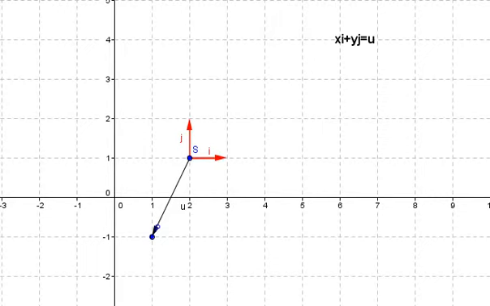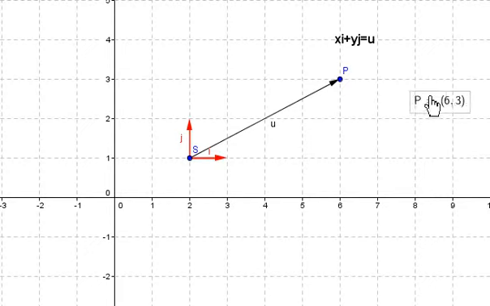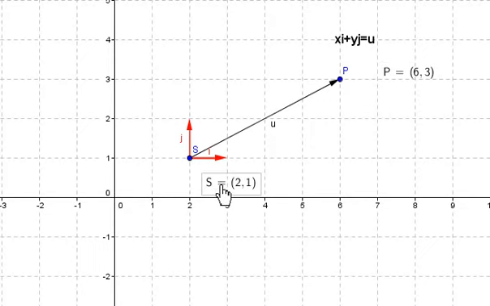Now let's notice something important: how we can find the components of a vector faster using the coordinates of points P and S. So here are the coordinates of P and here are the coordinates of S. And now the coordinates of the vector are 4 and 2.